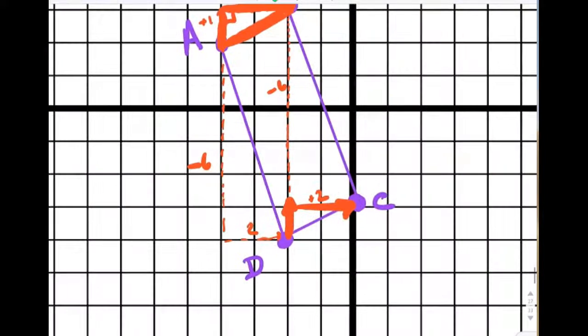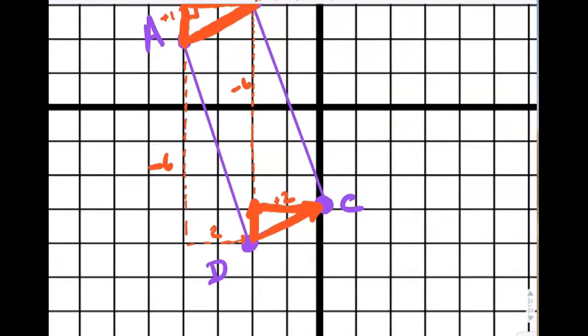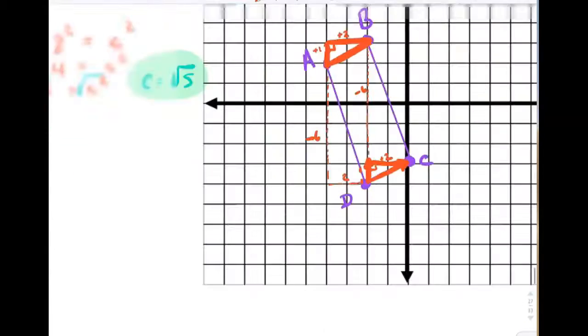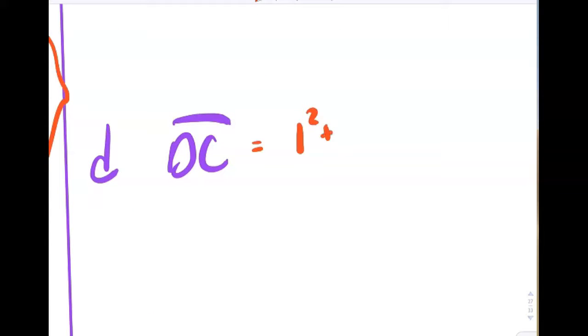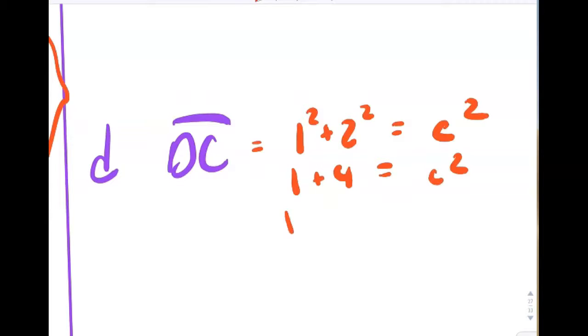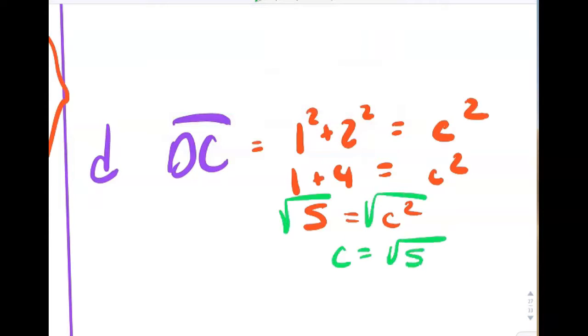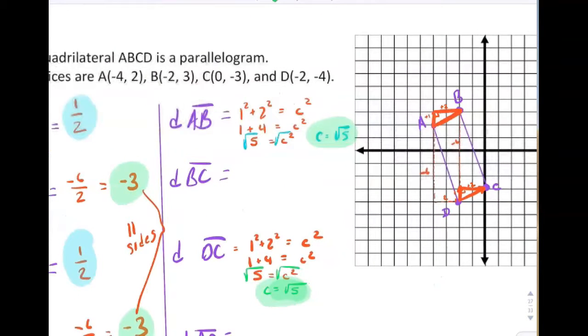Now, you're probably thinking, because we figured it out with slope, that this one down here is going to be the same. And you're right, because 1 and 2 are the sides of that again. So if I come down, what was that, DC? 1 squared plus 2 squared equals c squared. It's going to be the exact same work because the sides were the same. So c equals radical 5. So now we have two sides that are exactly the same, radical 5s.